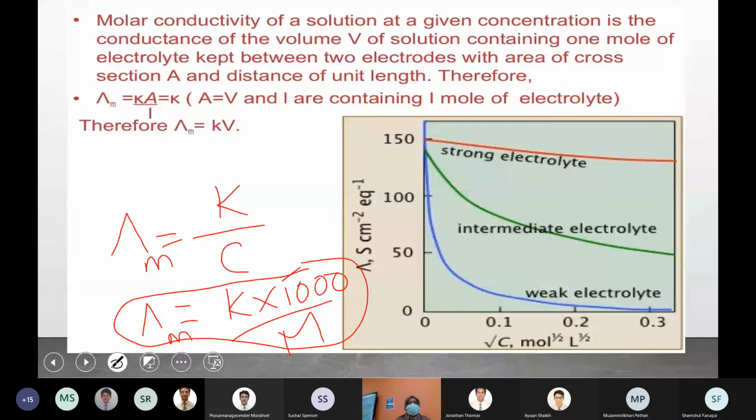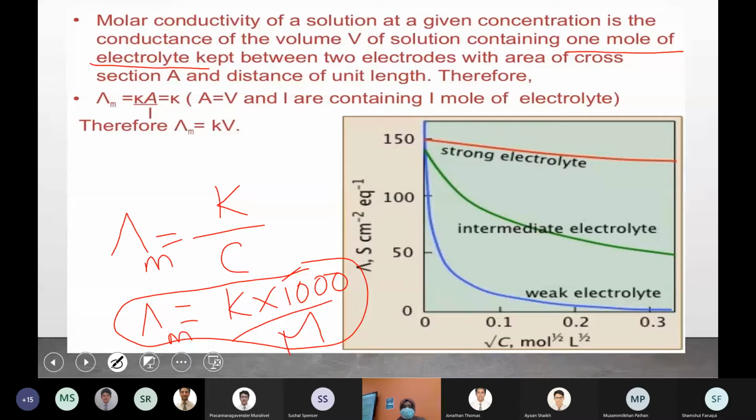The molar conductivity at any given concentration is the conductance of the volume V of the solution containing 1 mole of electrolyte. That word was not there in the conductivity definition.